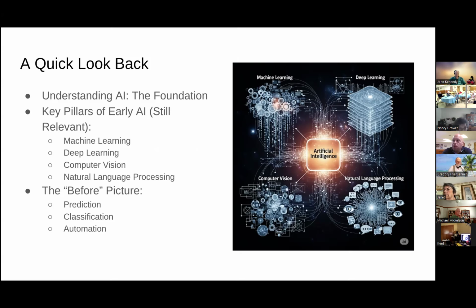Some key pillars of early AI, which are also still very relevant, are machine learning, which is when you teach computers to learn from data without explicitly programming them. Some examples are spam detection and recommendation systems. Spam detection has a lot of emails that have been identified as spam by users, and then it uses that information to decide what matches the pattern for spam in the future.